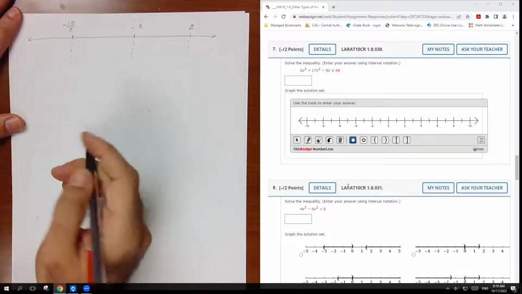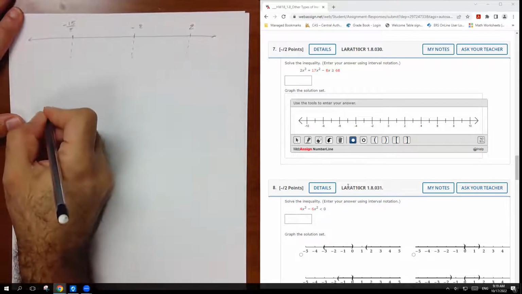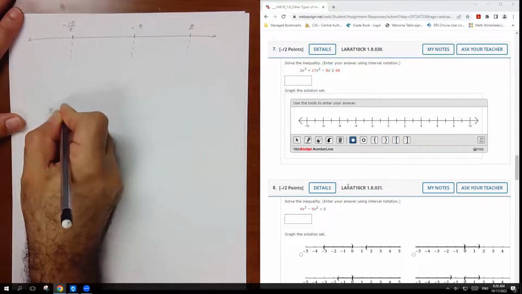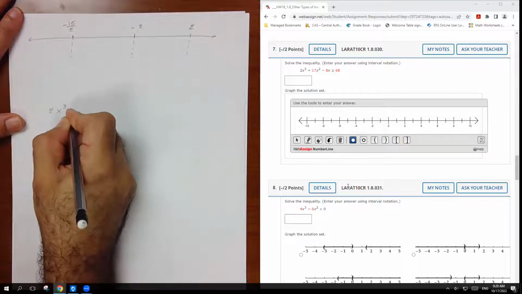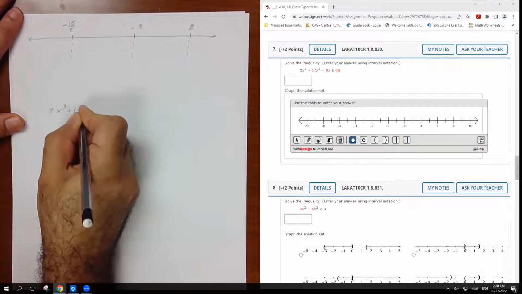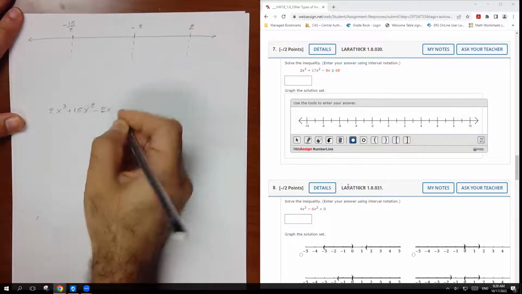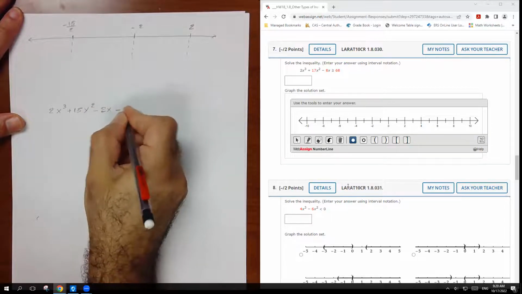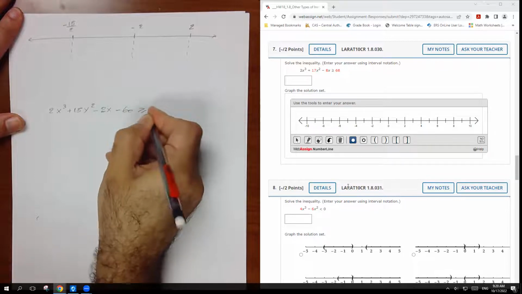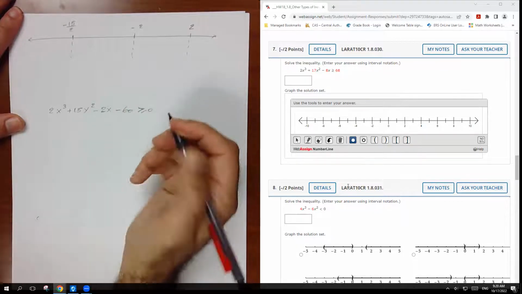So I'm going to write down the polynomial here so we can use it, which is 2x cubed plus 15x squared minus 8x minus 60 greater than or equal to 0. I'm going to use this one.